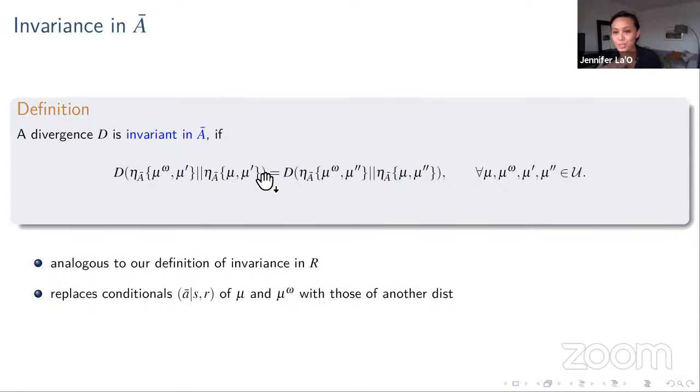So these are things that divergences can satisfy or they may not. It's just a definition of a property. You may think it makes sense for a divergence to satisfy this, but you can also write down divergences that don't satisfy these properties.